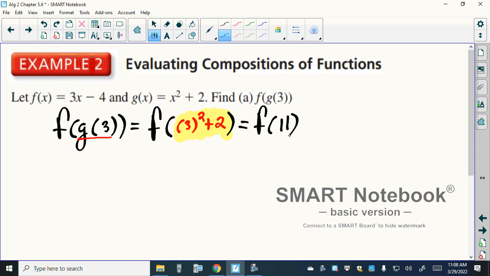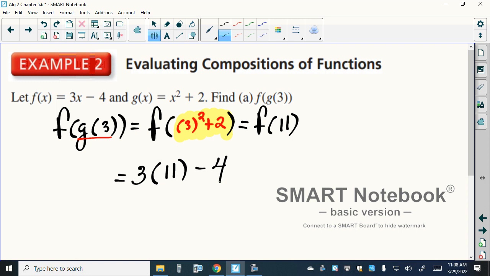So when we do these evaluating, I'm going to take it from the inside out. So we started by plugging 3 into g of x. Simplify that to what its value is. Here it's 11. Okay? Let's do it again, but now instead of g of x, we're using f of x. So we're going to plug 11 into f of x, which will give us 3 times 11 minus 4.